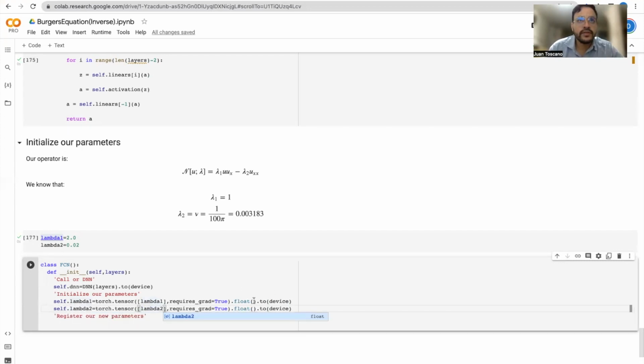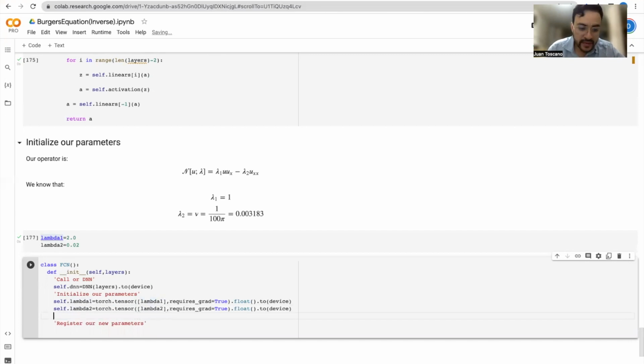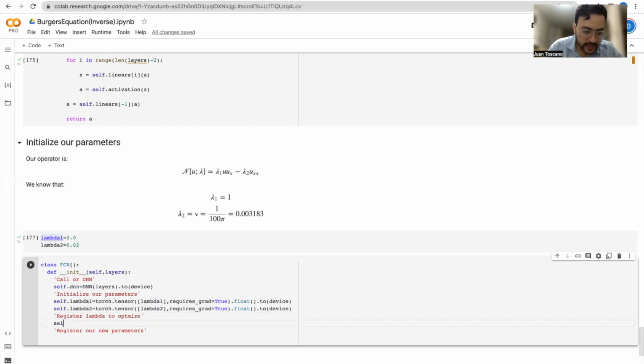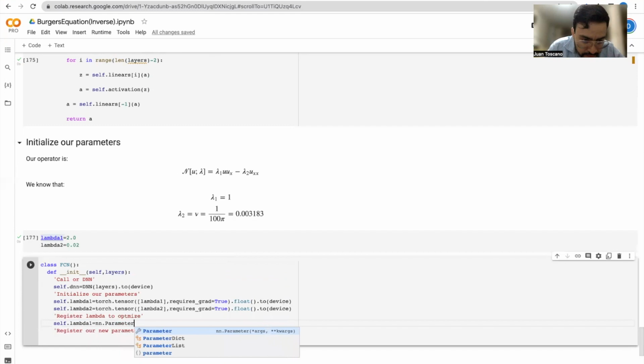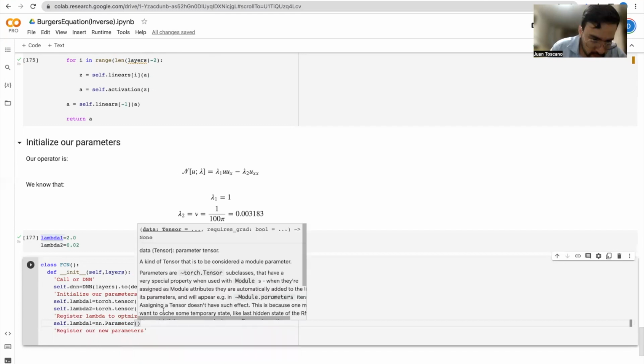So then that is done. We will have to make it available to our optimizer, which we do, let's say, register lambda to optimize. To do that, we will say self.lambda_1 equals, and then nn.Parameter, that's how we make it a parameter itself, of self.lambda_1.